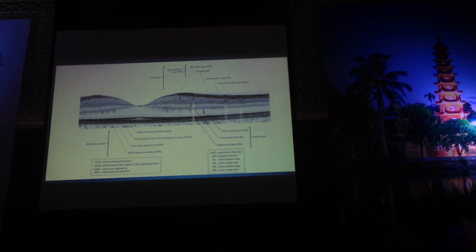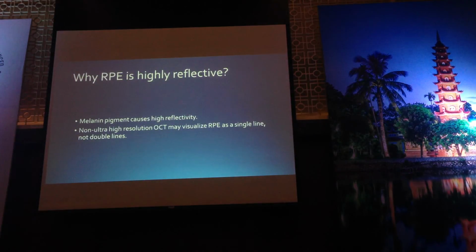Why is it highly reflective? You think it's because of the melanin? I think it's probably the melanin pigment which causes high reflectivity of the RPE cell. And as I mentioned earlier, if you use non-ultra high resolution OCT, even the SD OCT that you commonly use today, you probably cannot visualize the RPE as a highly reflective layer.